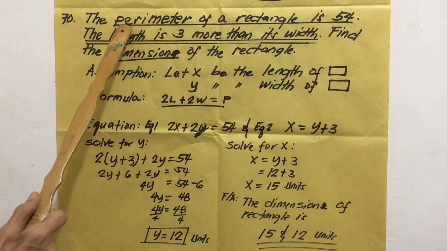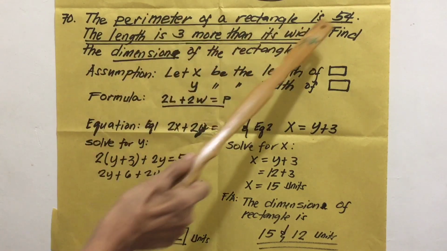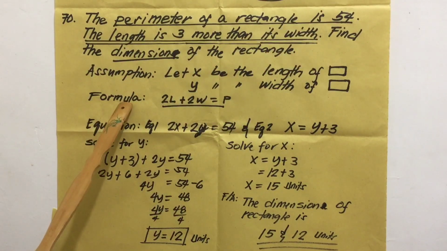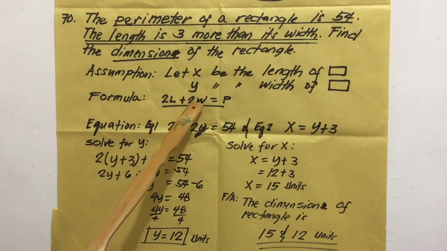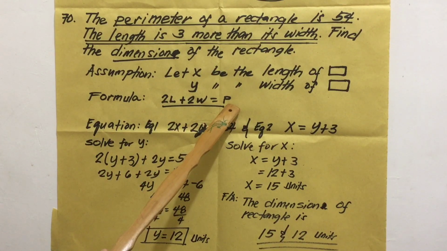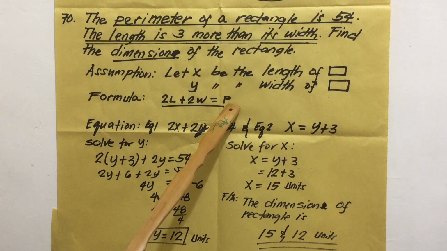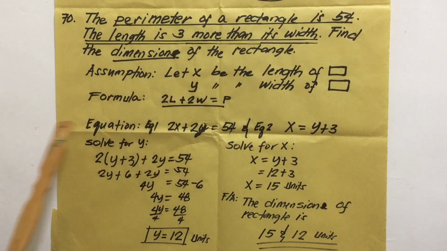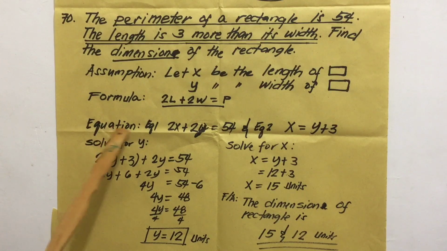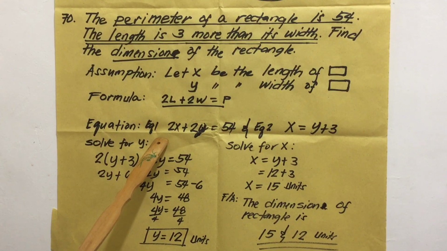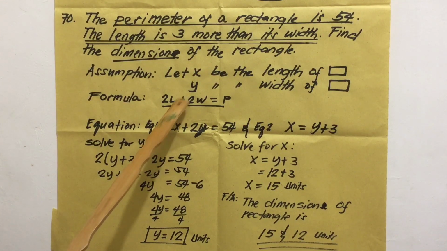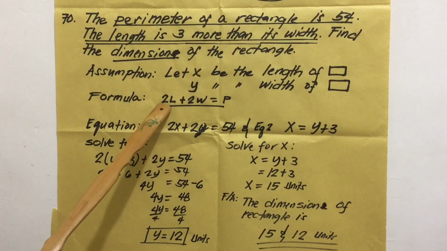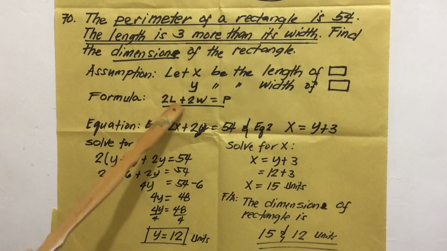And since the perimeter is given, 54, our formula is 2L plus 2W equals P. This is the original formula for finding the perimeter of a rectangle. And our equation 1: remember the length is x, so that's why we're going to change the L into x.